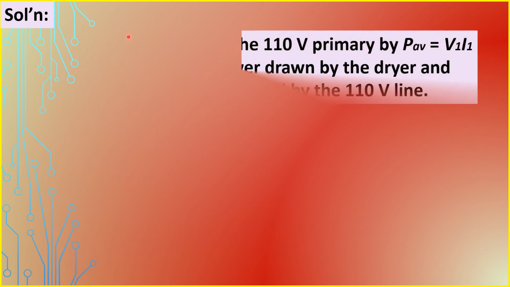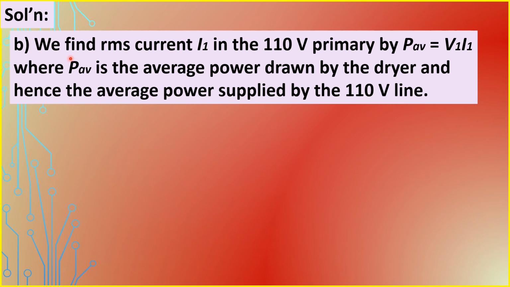Alright, so moving on to question letter B. What current will your dryer draw from an outlet in Tokyo? Okay, we first find the RMS current I sub 1 in the 110 volt primary using the formula average power equals the product of V sub 1 I sub 1, where average P is the average power drawn from the dryer and hence the average power supplied by the 110 volt line.